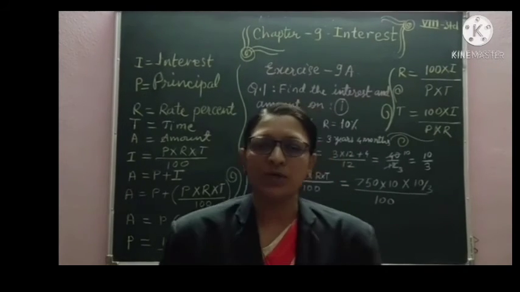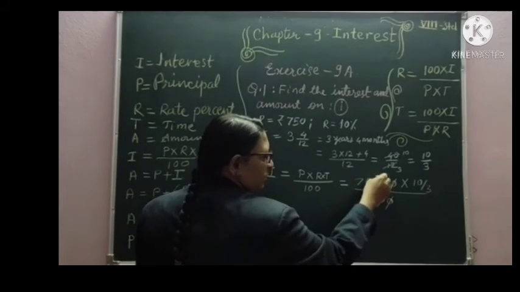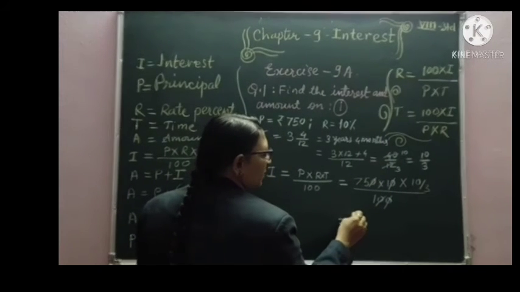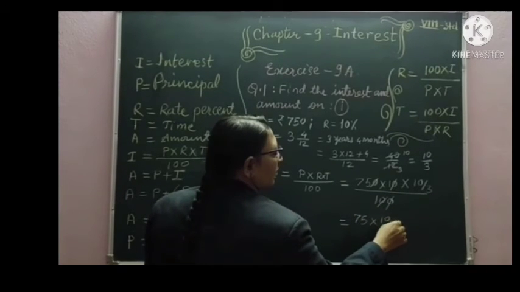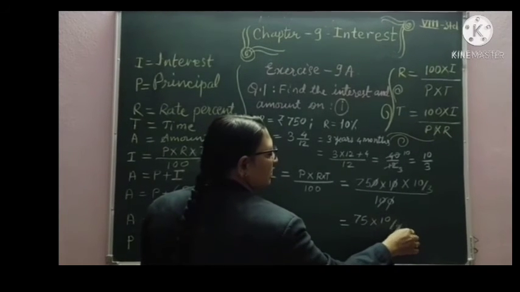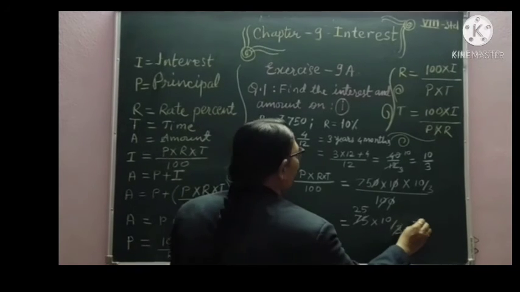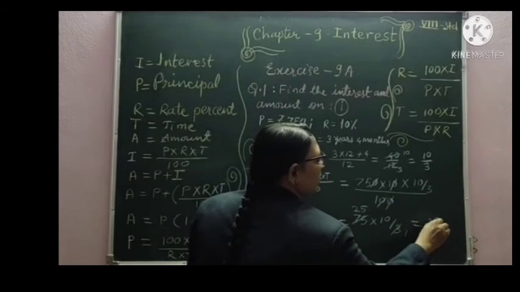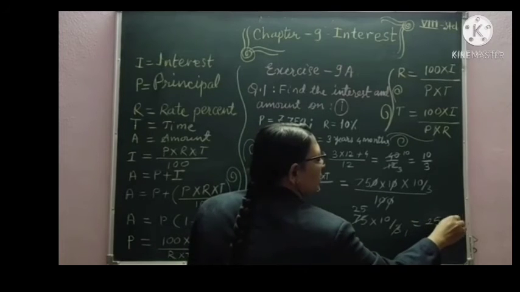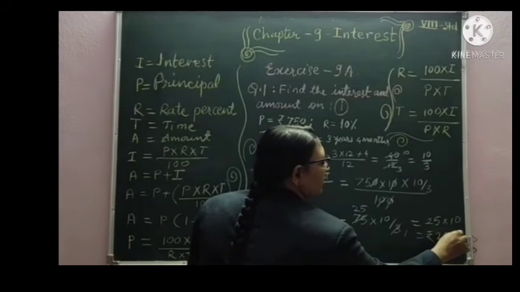Let us calculate the value. 0 0 cancel here, 0 0 cancel here. In the next step you get 75 multiplied by 10 upon 3. 3 1s are 3, 3 2s are 6, carry over 1, 3 5s are 15. So the value of interest is 25 into 10, that is rupees 250.